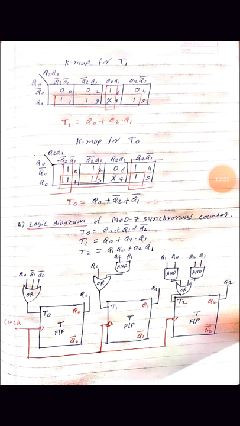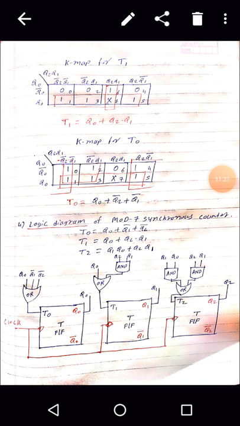In the same way, solve the K-map for T1. While solving the K-map for T1, we get one quad and one pair. So the answer for T1 is Q0 plus Q2 dot Q1.